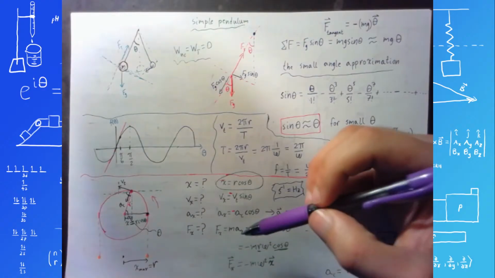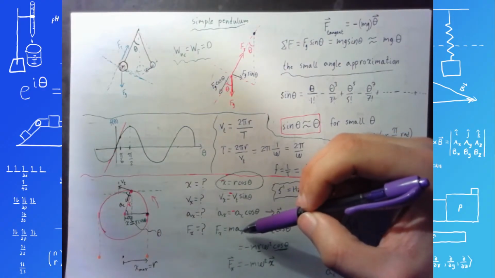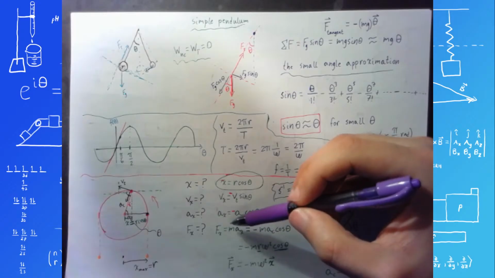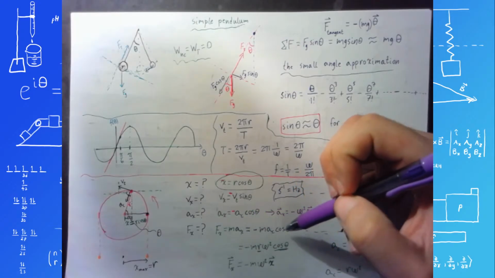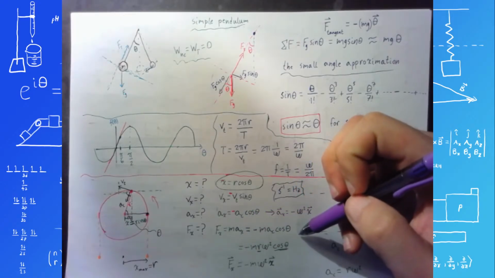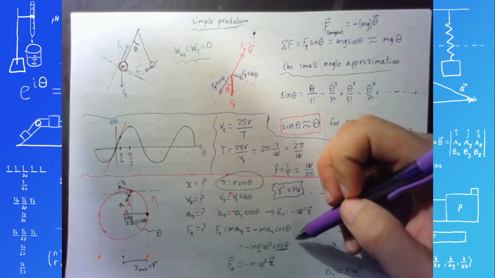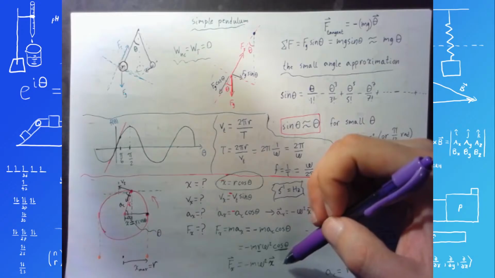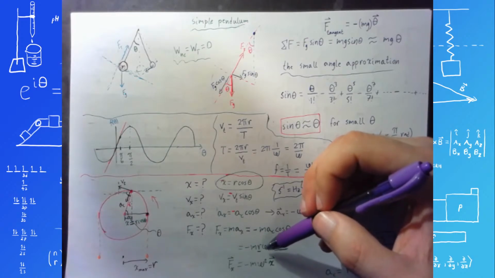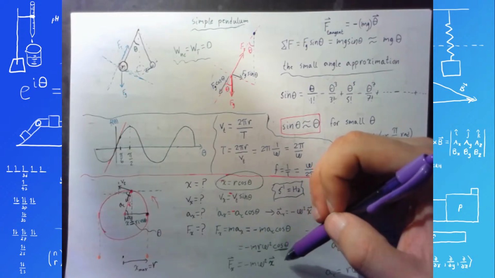So we did mass times centripetal acceleration times cosine of theta equals some constant times r times cosine theta.